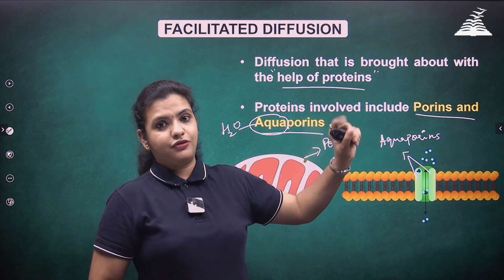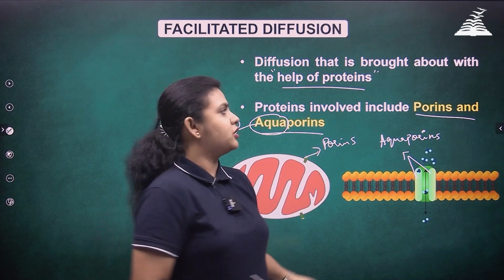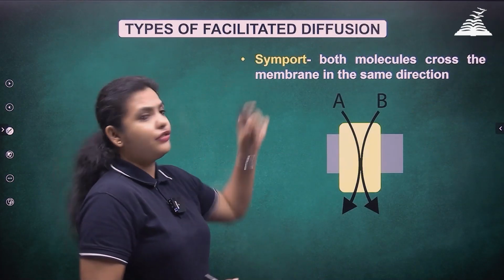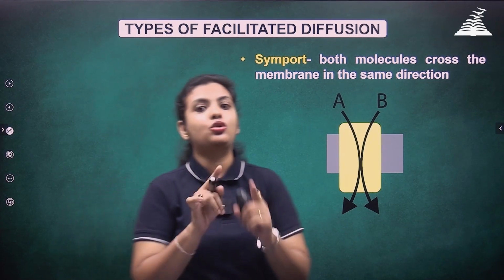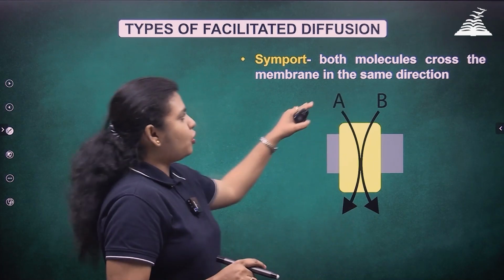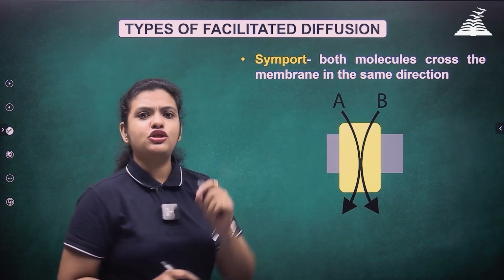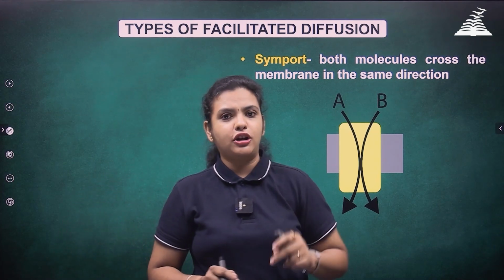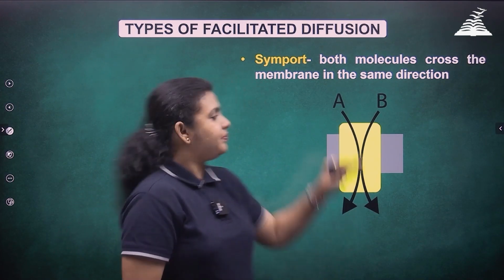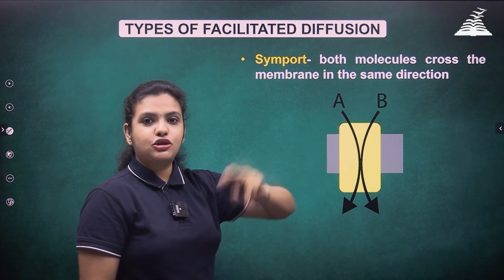This facilitated diffusion is of three types, students. What are the three types? The first one is symport. Sym means together. Okay, symport means, let's say you have two molecules. Always in symport we have two molecules being transported. A and B are the two molecules.